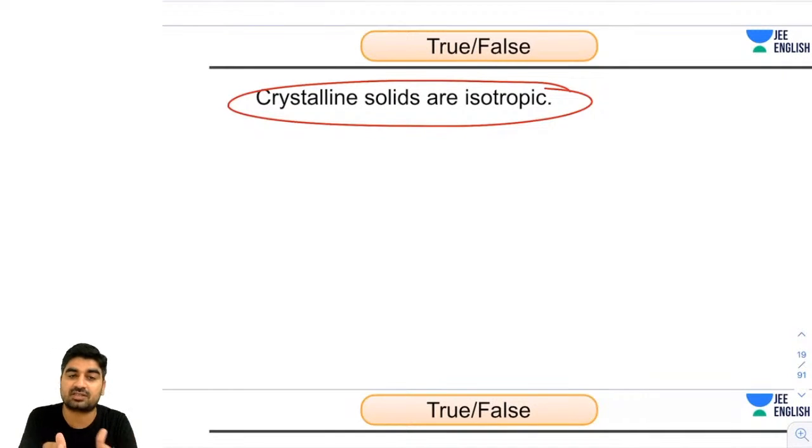So on changing direction, their properties are changing. So they are not isotropic. So crystalline solids are not isotropic. So what will be this statement, guys? True or false? False. Okay.